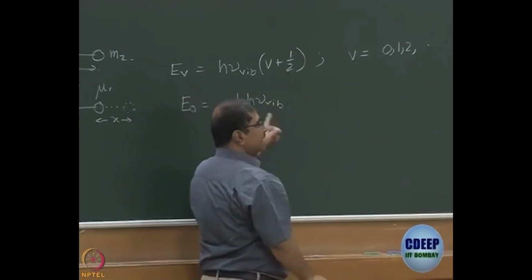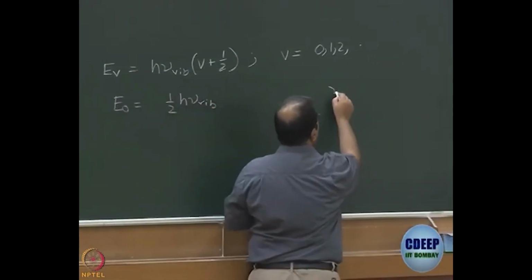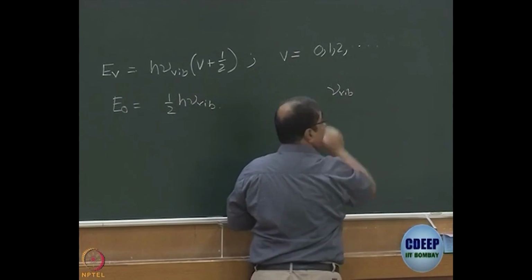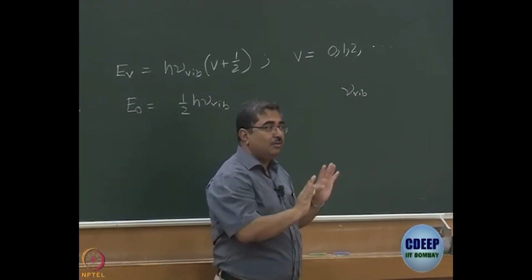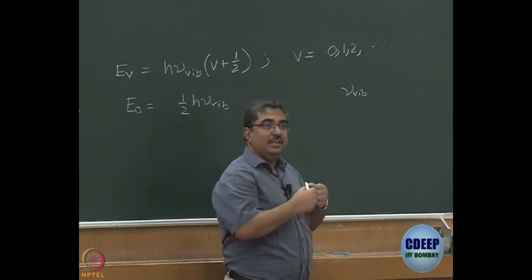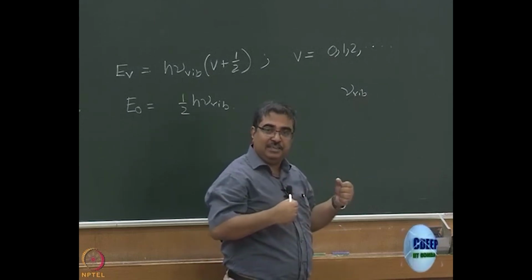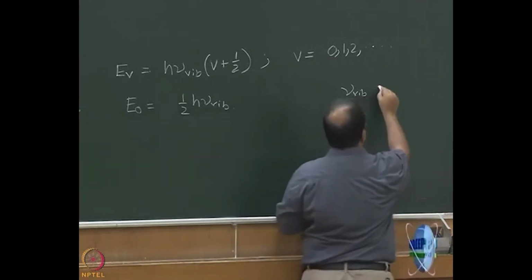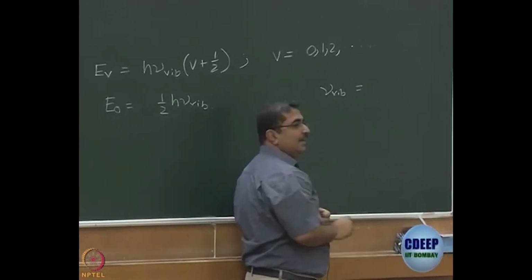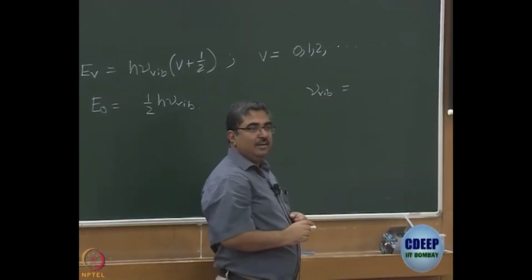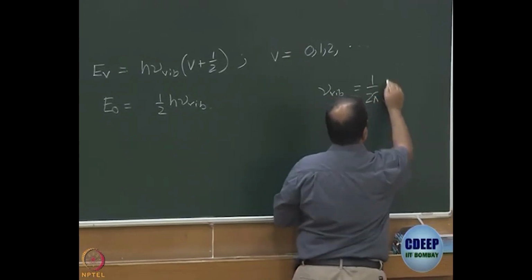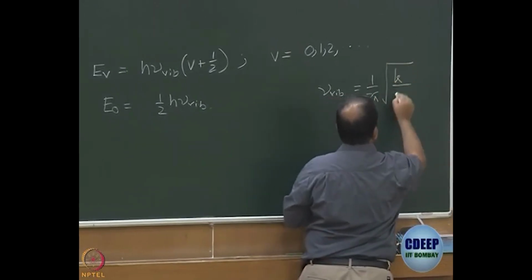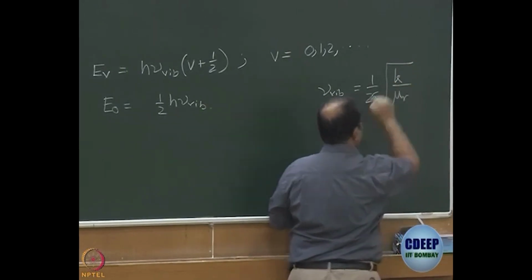By the way, what is nu vib? Nu vib is the frequency of vibration. Okay, we are not talking about light yet. Nu is the frequency of vibration, and how is it related to this k and mu r? 1 by 2 pi root over k divided by mu r.